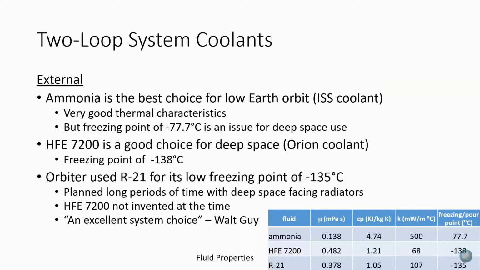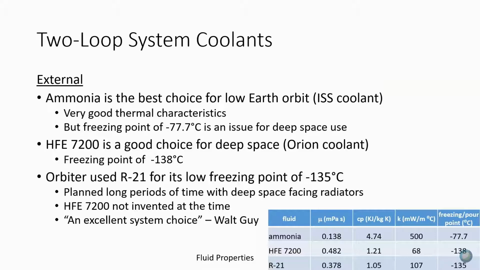And I recall, when I was a younger pup, being up in front of the engineering director. Walt Keye was the ER chief and was also my first division chief before he moved over to robotics. I was talking about cooling choices for one reason or another, and I mentioned that Freon-21 was a crappy heat transfer fluid, which it is. And Walt said, that's true, but it was an excellent system choice. And he was exactly right.